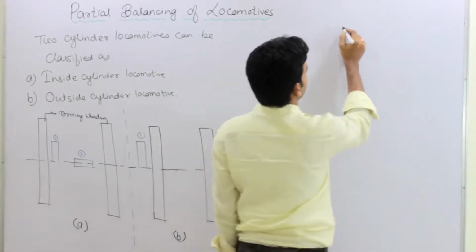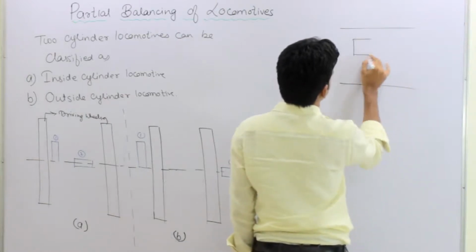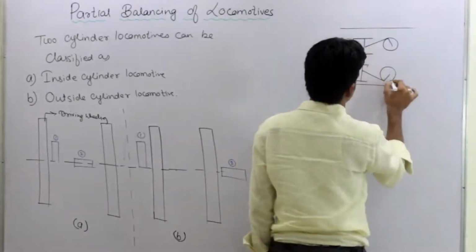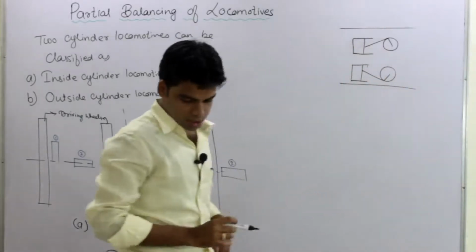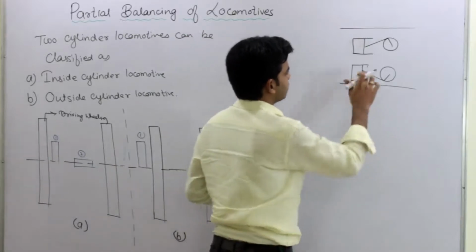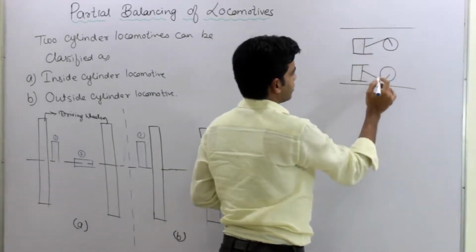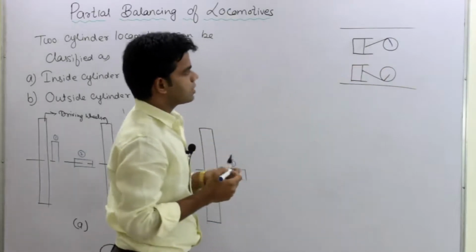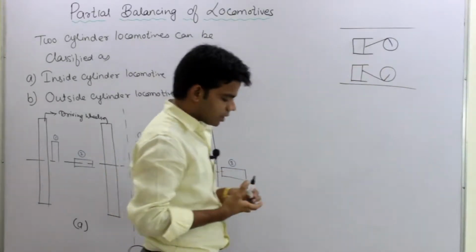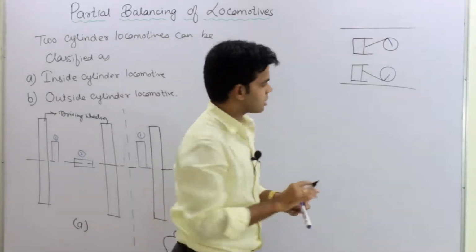So suppose we have these two wheels and these are two engines. You can understand it in this way, I will make this more simple. So the difference in crank angle, as I told you, is 90 degrees. So we have these two cylinders, and whenever a reciprocating cylinder runs, an unbalanced force is produced, as I told you.